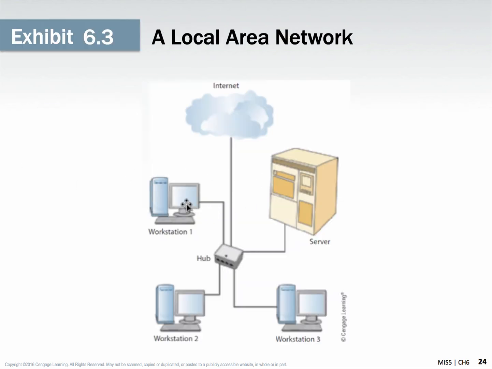So a local area network has a couple machines. They're connected to a hub. There may be a server, there may not be a server. And then through this hub, which is our either cable modem or a router, we can then connect to the internet.